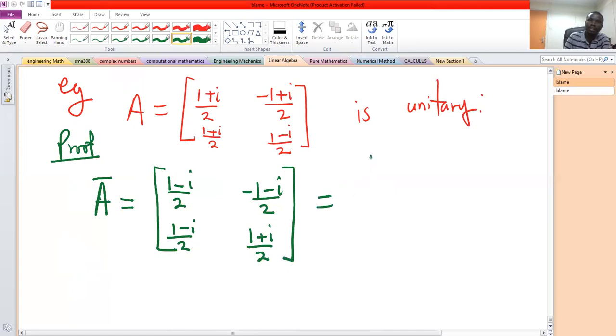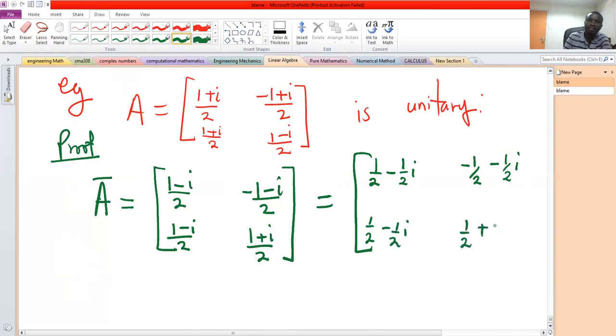Or we can write it as a half minus a half i, minus a half minus a half i, and then a half minus a half i, a half plus a half i. That's the same thing.